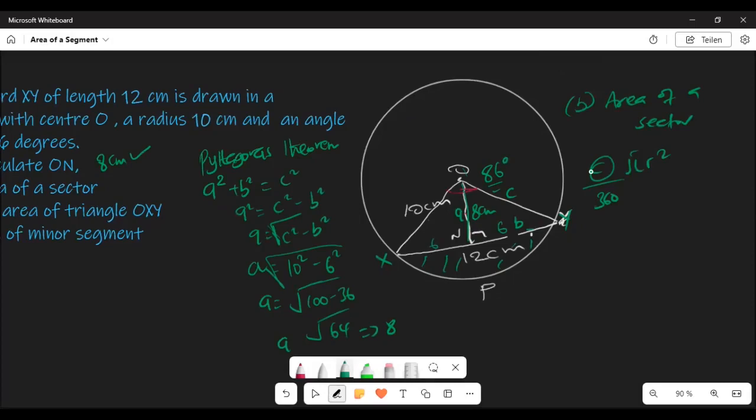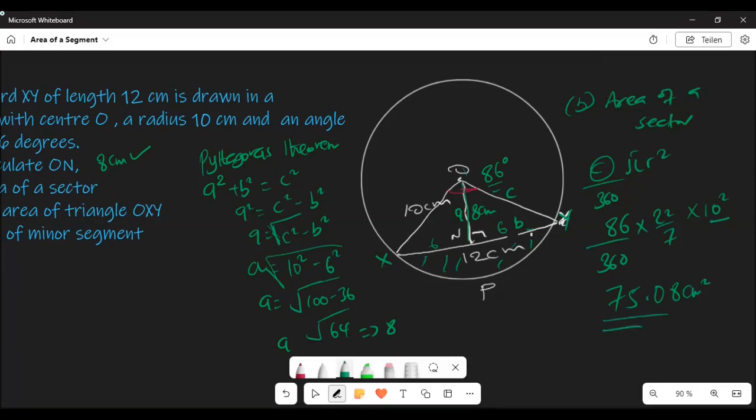We have the angle, so we have 86 over 360 times 22 over 7 times 10 squared, and 10 squared is going to give you 100. If you multiply everything, it will give you 75.08 square centimeters.